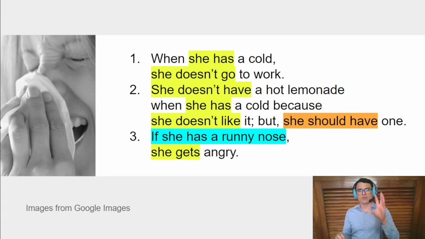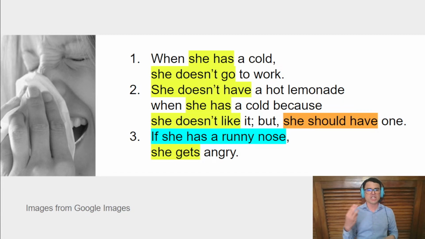Subject, she, verb, has, conjugated in third person singular. She doesn't like. Subject, she, auxiliary, doesn't, because the subject is she, and verb, like, in base form. You don't have to change the verb because you have an auxiliary. When you have an auxiliary in the simple present, you do not change the verb. Suggestion, she should have. Subject, she, modal verb, should, verb, have.